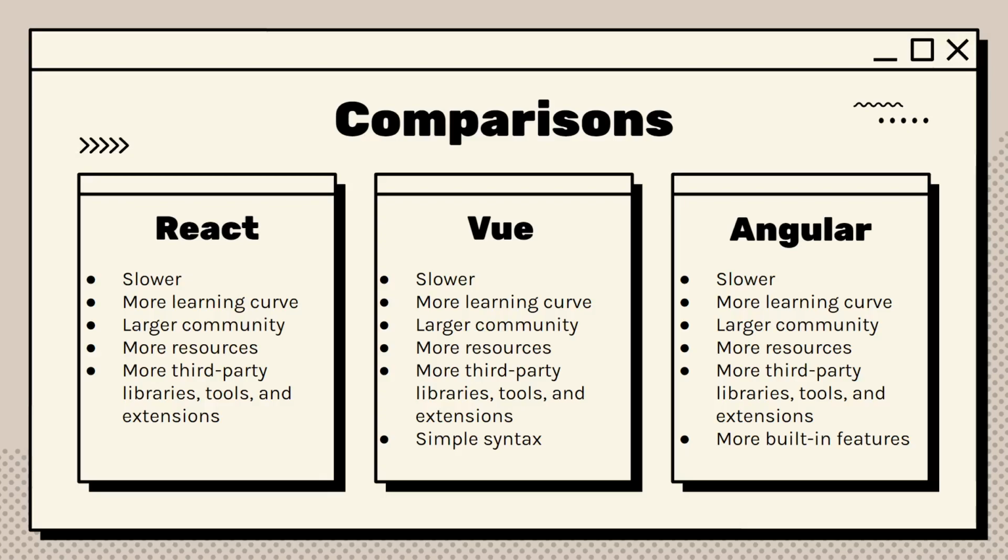But the advantage for Vue is kind of the same, in that they also have a fairly simple syntax as well, and for Angular they have more built-in features than Svelte. But the advantage of all these three is that these three frameworks are generally used in most companies.